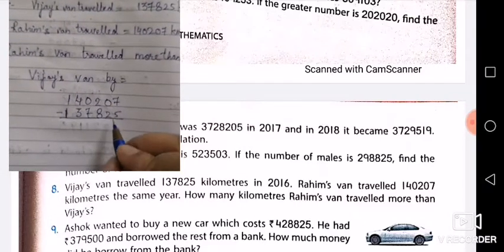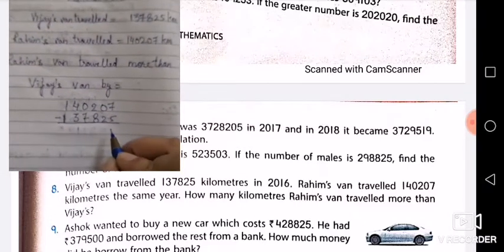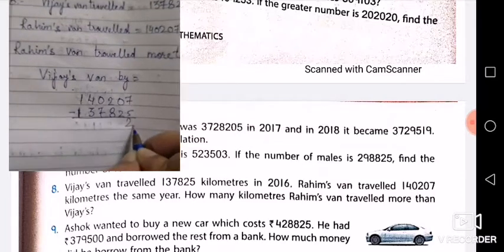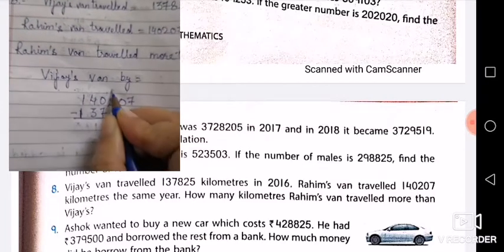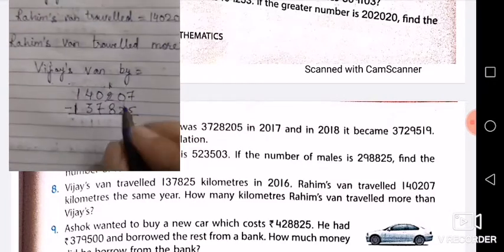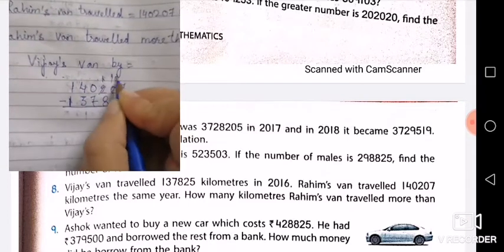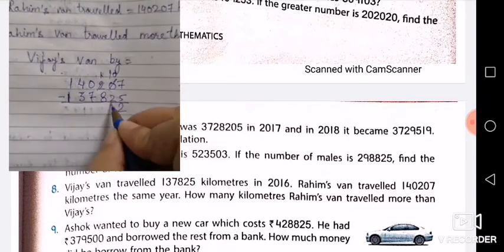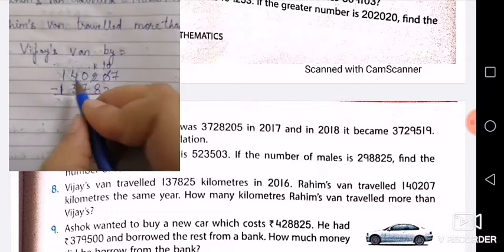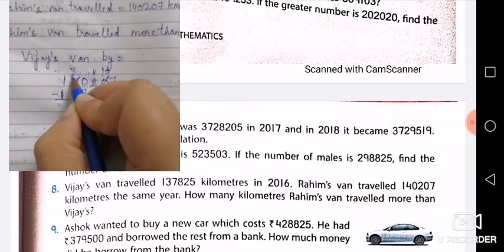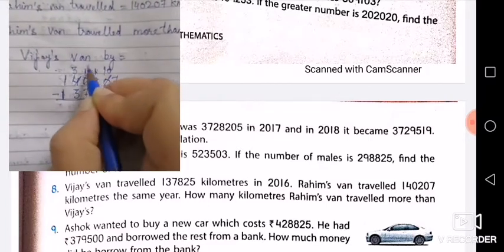Now 7 minus 5, how much will you get? 7 minus 5, 2. Here this will become 1. This will become 10. 10 minus 2, 8. Out of 1 you cannot subtract. This will become 3. This will become 10. 10 will become 9.